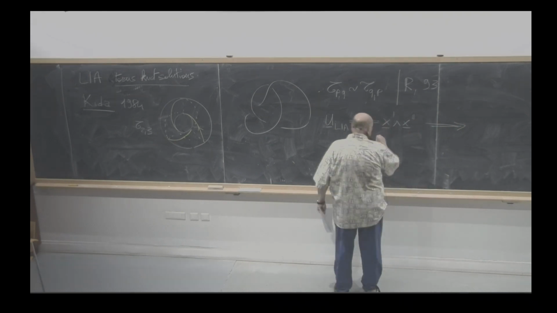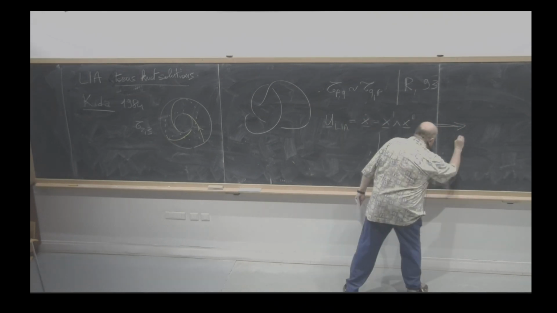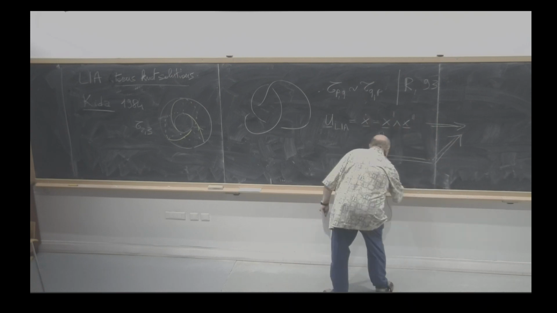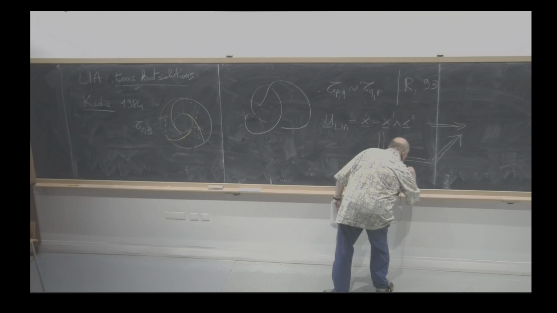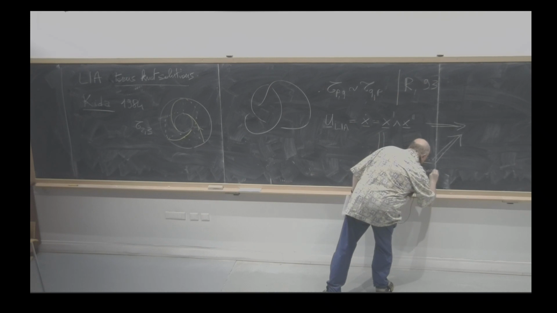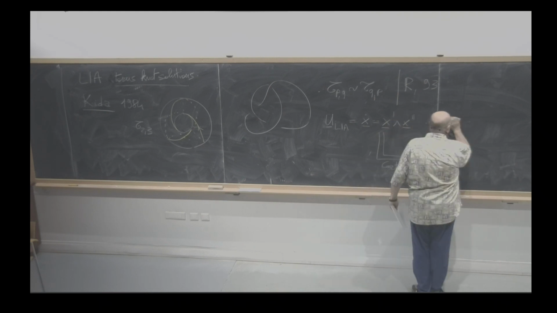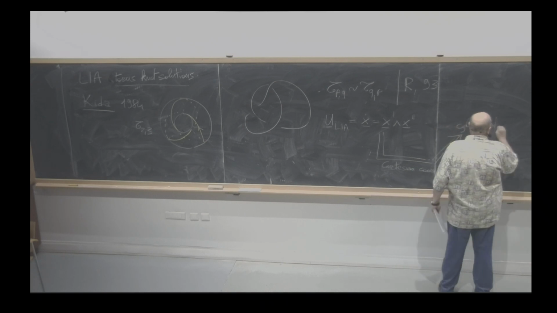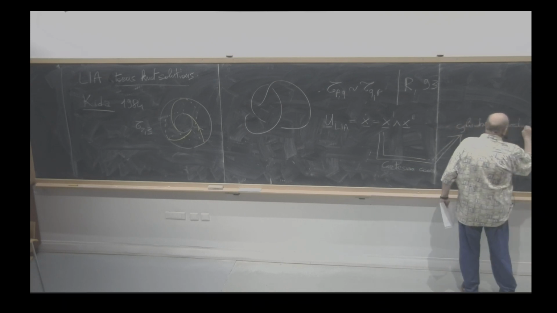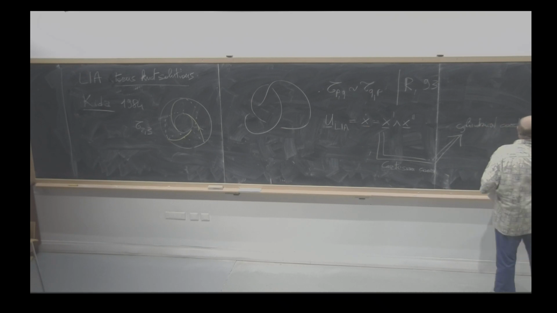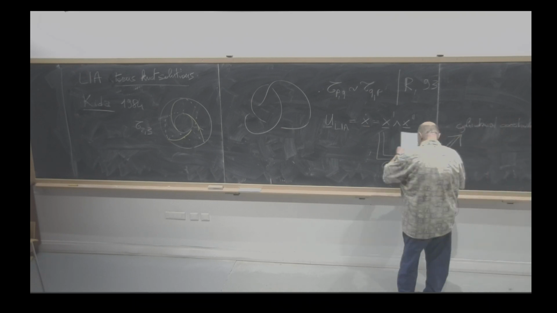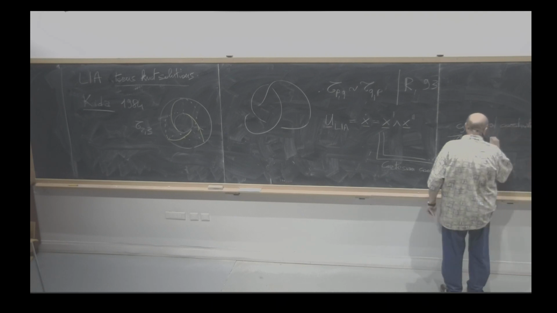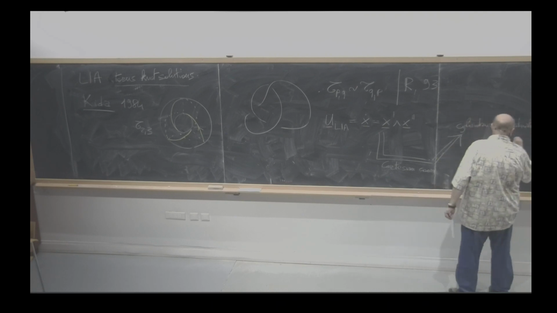You go from Cartesian coordinates, and then you get to cylindrical coordinates. So LIA in cylindrical coordinates gets to this mess. Cylindrical coordinates are R, alpha and z.